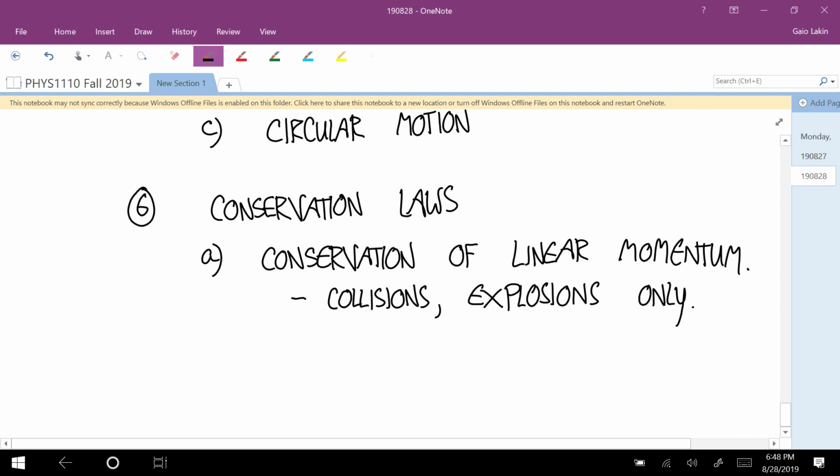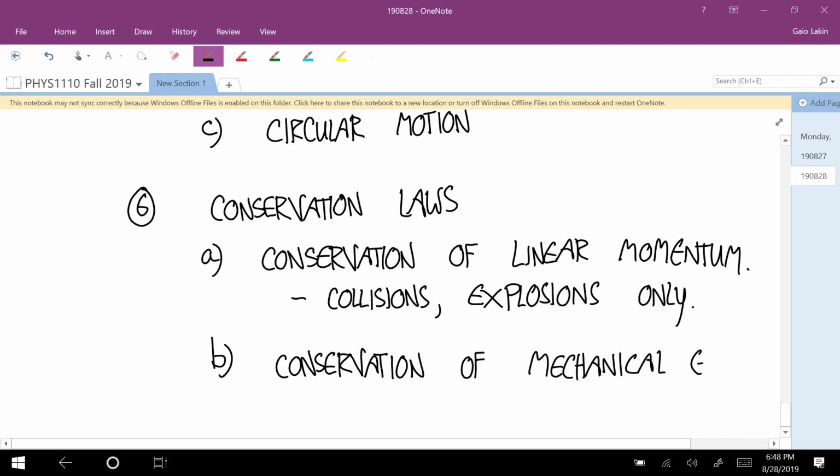And the second conservation law is conservation of mechanical energy. So conservation of energy overall is a universal law. This is not exactly conservation of energy.